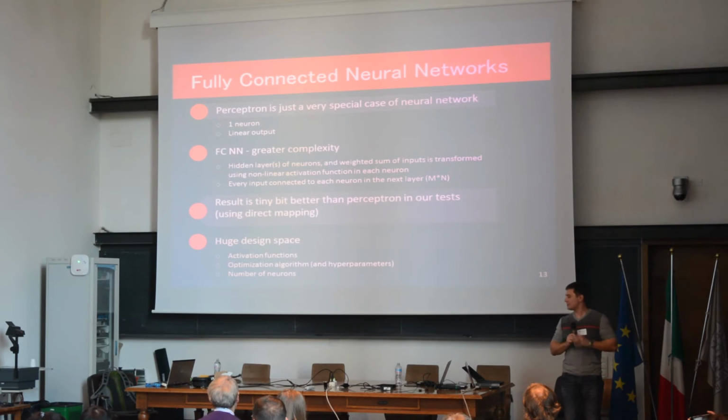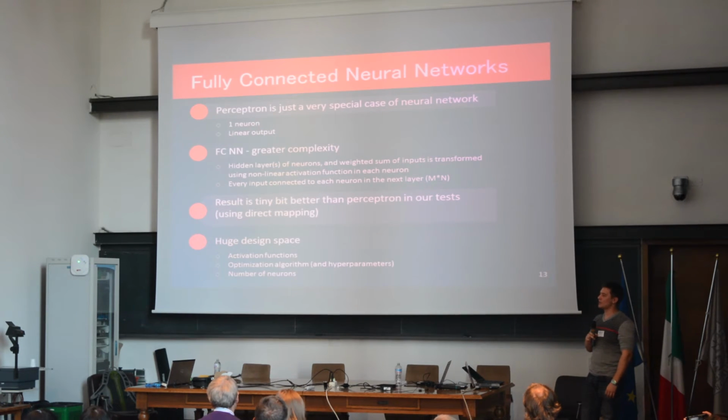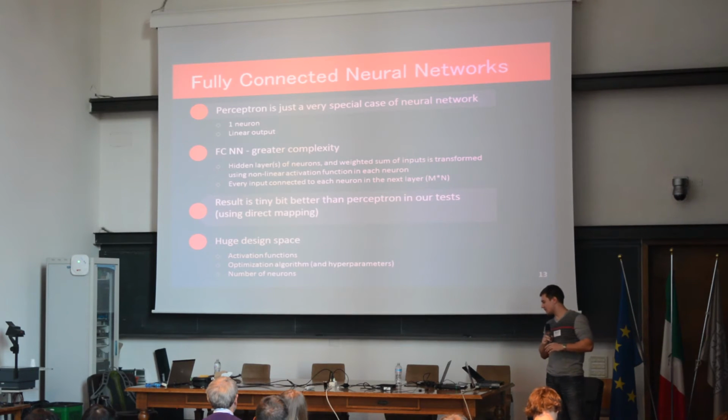And since the perceptron is a very special case of a neural network, it was kind of natural for us to try the fully connected neural network, the general approach. The perceptron is basically just one neuron, and it is a linear sum or the step function at the end. So no complex activation functions are used. In fully connected neural networks, there are several neurons.